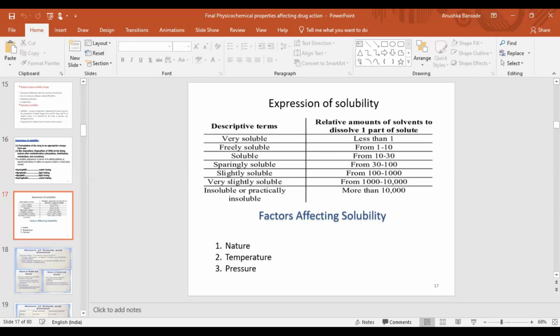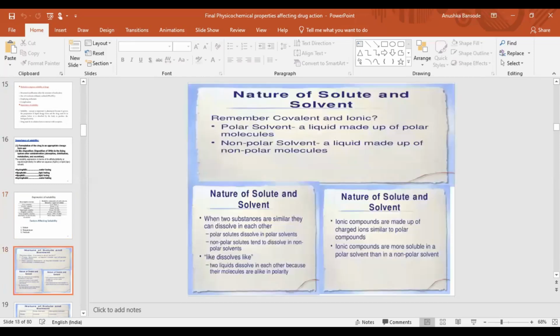So following are the parameters which affect the solubility. One, nature. Second, temperature. And third is the pressure. So, nature of solute and solvent. Here we need to understand and remember covalent bonds and ionic bonds, which we have studied. Polar solvents are liquids made up of polar molecules, whereas non-polar solvents are liquids made up of non-polar molecules.